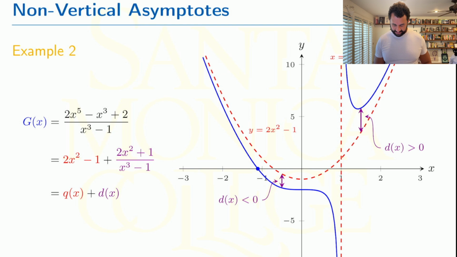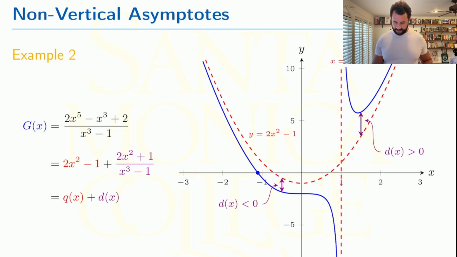So this is telling us that d of x is less than 0, and vice versa. This being negative tells us this thing is below, right? And the value of d of x is literally what this is. And if you want to know how far apart they are, the distance, you just take the absolute value of d of x, and that will give you the actual distance apart.